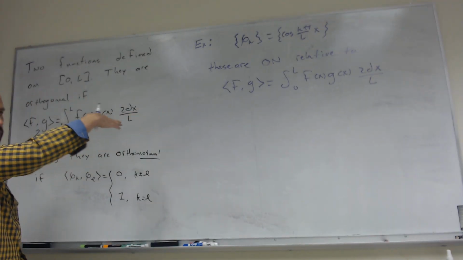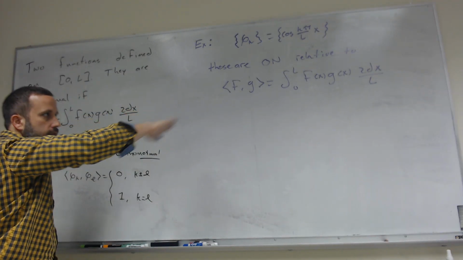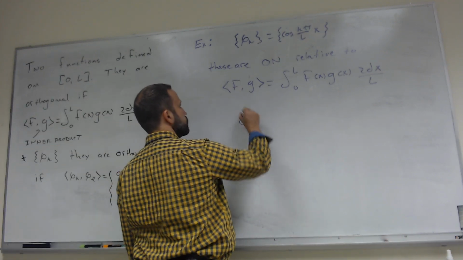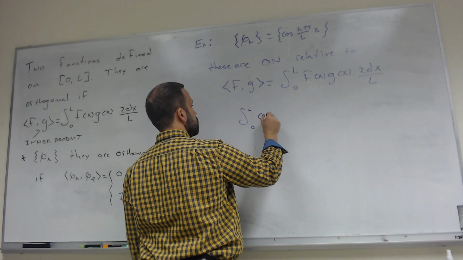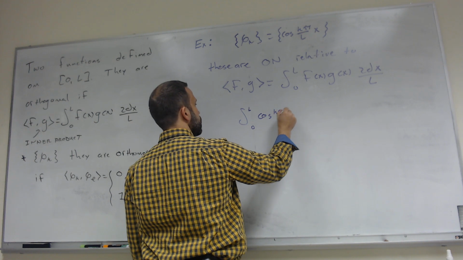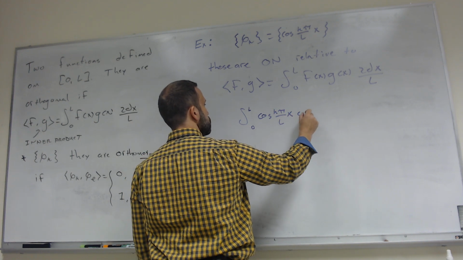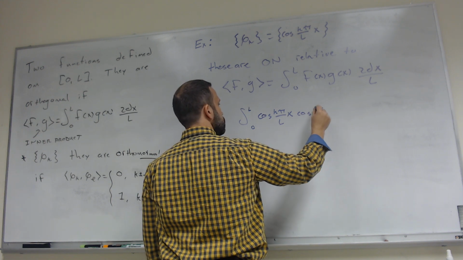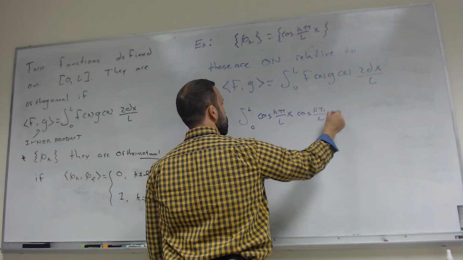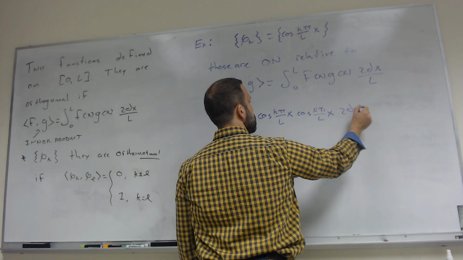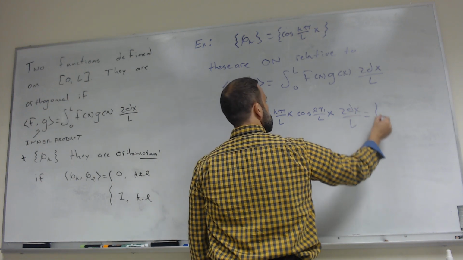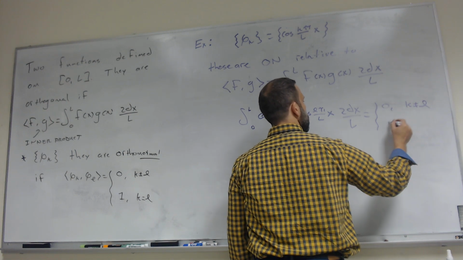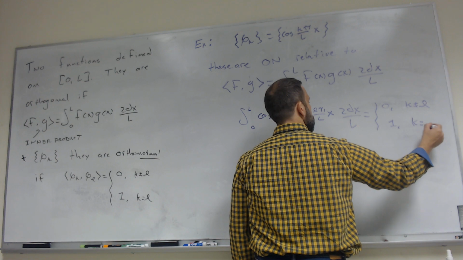Okay, if you're unsure about what I'm saying here, verify that what I'm saying is true. If we look at something like the integral from 0 to L of cosine(k pi over L x) times cosine(l pi over L x) times 2 dx over L, this is equal to 0 if k does not equal l, and it's equal to 1 if k is equal to l.